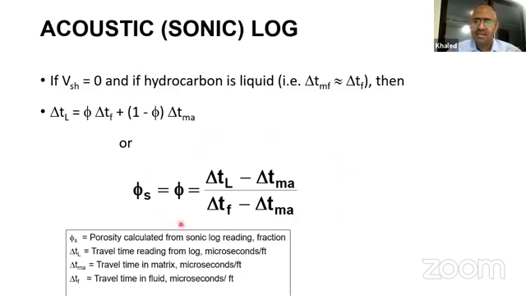And again, it's similar to a single indicator, like porosity from density, like V shale from gamma ray. It's the same equation, just changing the physical measurement. So porosity is equal to the tool reading minus the matrix, divided by the fluid reading minus the matrix.